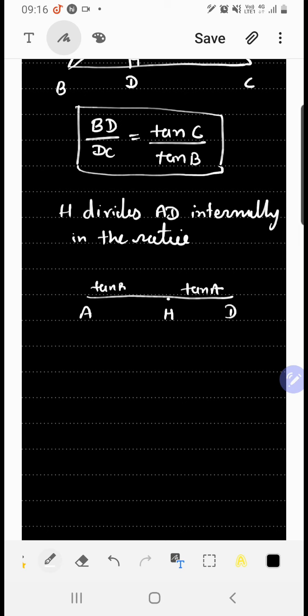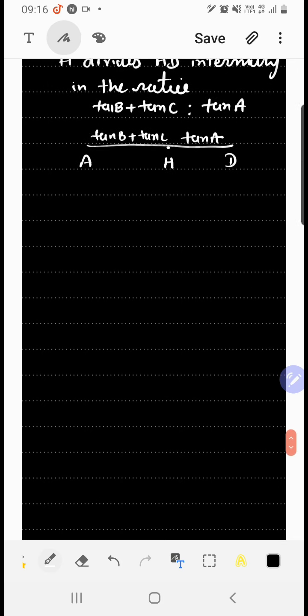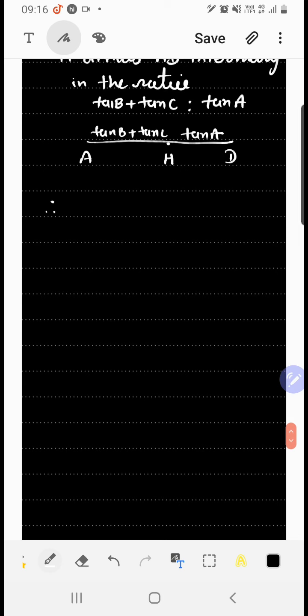Tan B and tan C, and you should add them. That's just like incentre. We write this ratio. The only difference is there we talk about side length, here we talk about tan of the angle. So it is tan B plus tan C is to tan A. Are you getting it? But again, as I said, it is not that important. Just for the sake of understanding, you remember it.